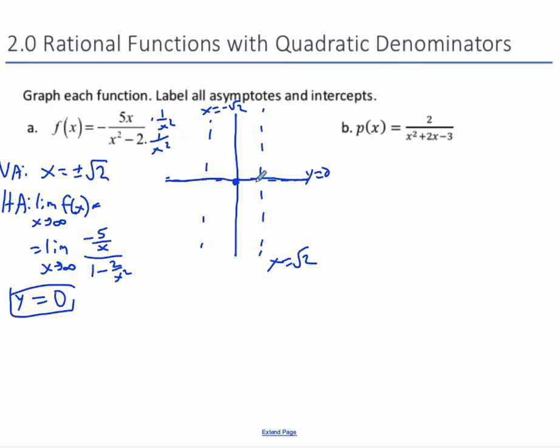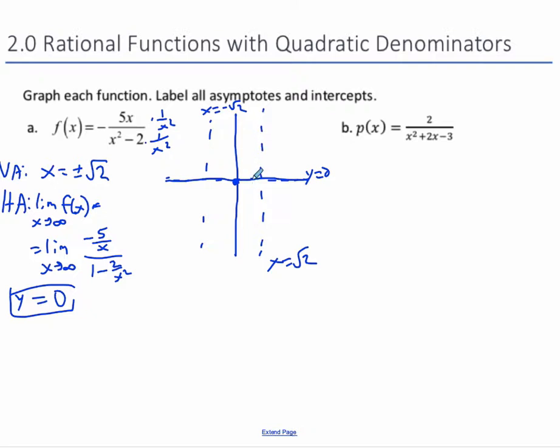When we get close to root 2, let's see what happens when we plug in 1. If we plug in x equals 1, we get negative 5 over negative 1, which is positive 5.